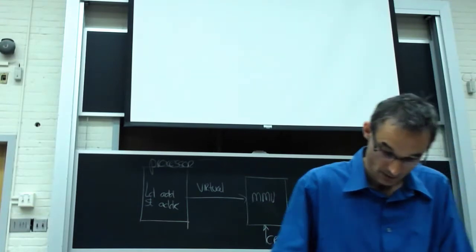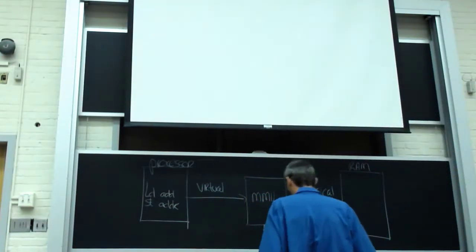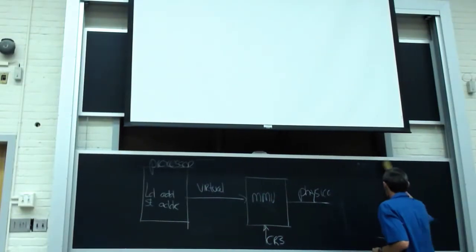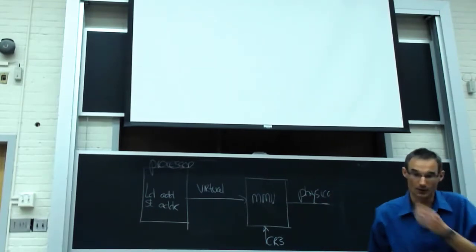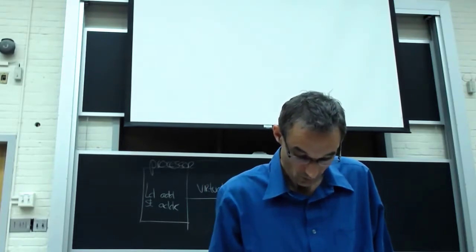So let's look a little bit in detail how that translation actually happens. The way I'll do that is by writing sort of equivalent C code so that you actually have an idea of what's going on.